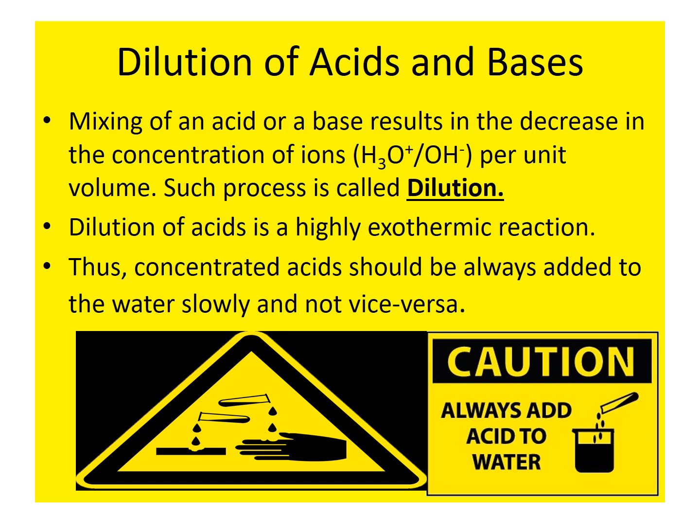We are decreasing the concentration of the ions, that is hydronium ions or hydroxide ions per unit volume. This process is called dilution. Whenever we add water to the acids or to the bases, a large amount of heat is released. That's why the dilution of acid is a highly exothermic reaction.